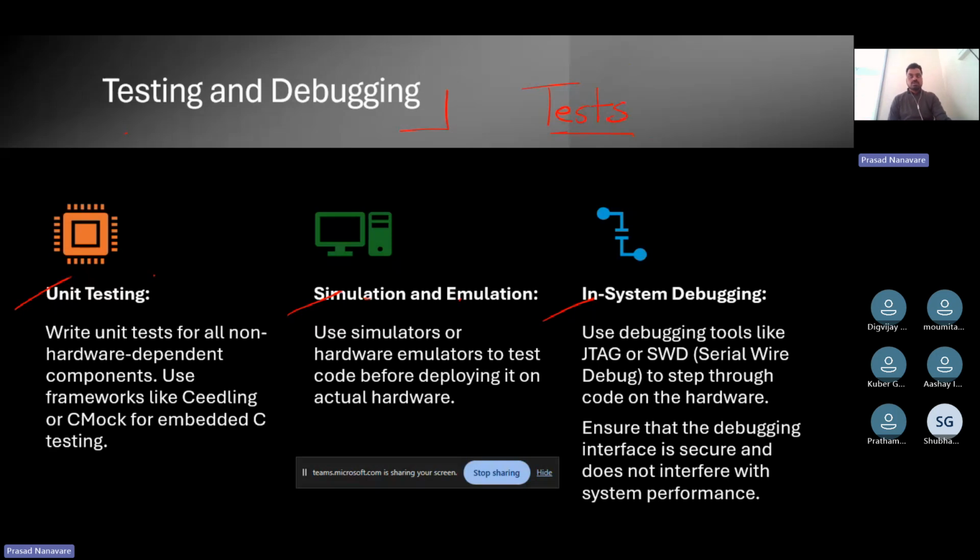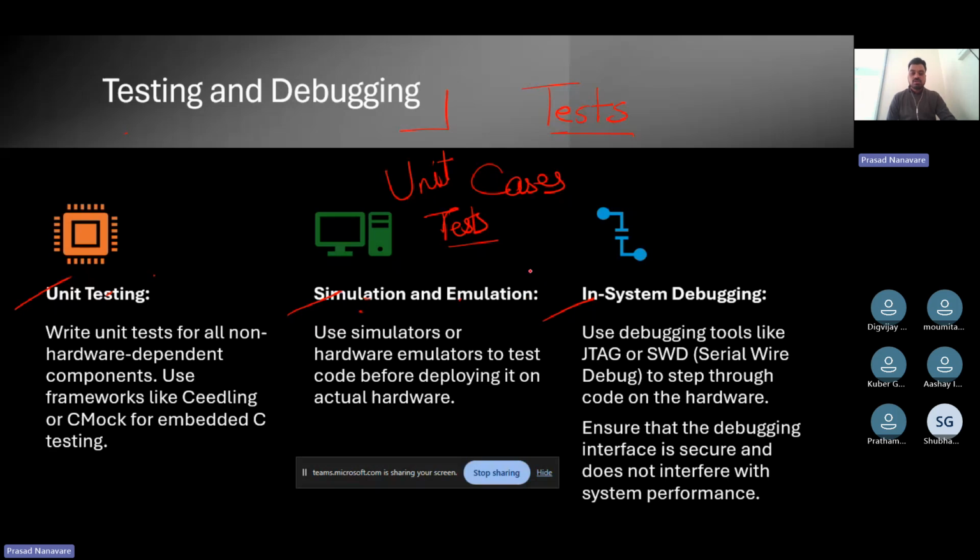Have you written any unit tests in your software development journey so far? Unit tests? Anyone have an idea? No, sir. Okay, fine.